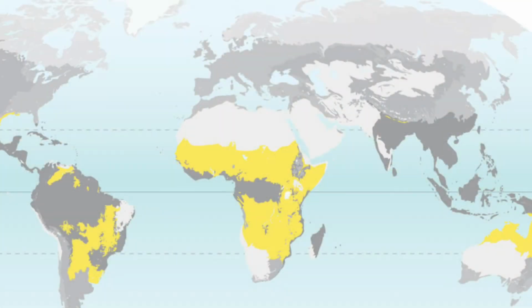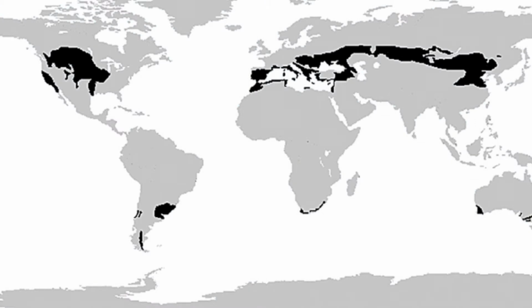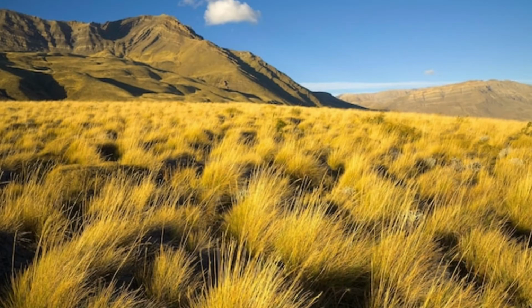They cover almost half of the continent of Africa, as well as areas of Australia, India, and South America. Temperate grasslands are found further away from the equator, in South Africa, Hungary, Argentina, Uruguay, North America, and Russia. They do not have any trees or shrubs and receive less rainfall than savannas.